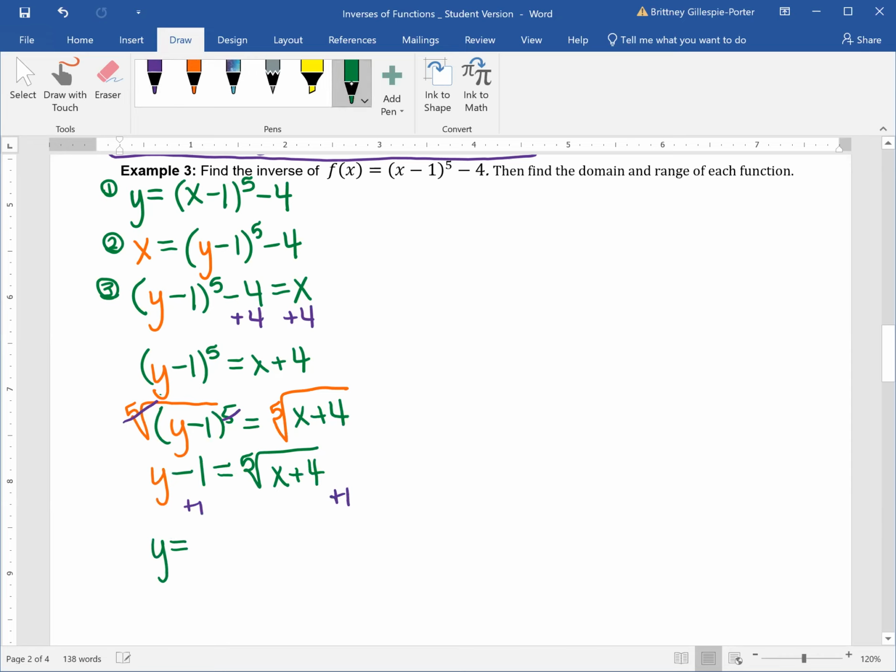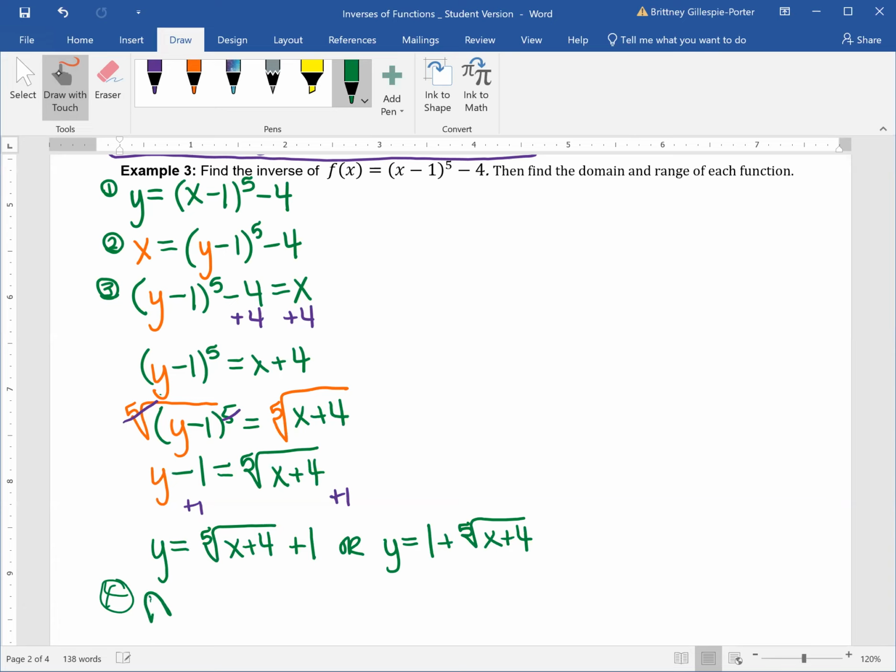And we get y is equal to, you can either write the 5th root of x plus 4, plus 1, or if you're worried about your 1 getting under the radical, when it doesn't need to be, you can do 1 plus the 5th root of x plus 4. Either way is acceptable, but do not forget the very last step is with your notation. So our fourth step, we need to do the inverse notation.